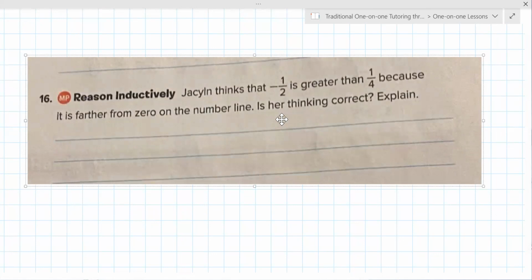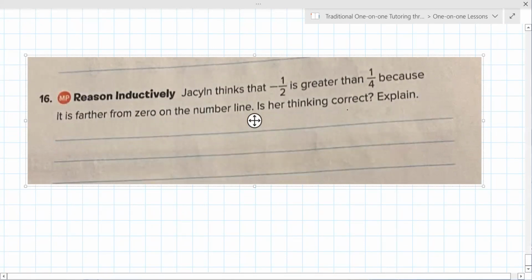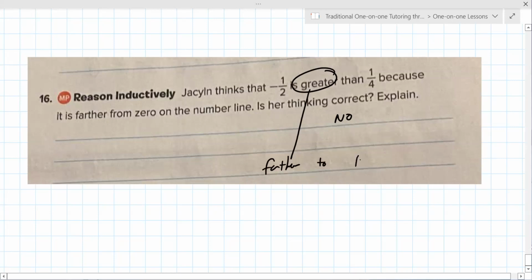Is her thinking correct? No, because it's greater if it's farther to the right. Okay, we always think of positives over here and negatives over there.